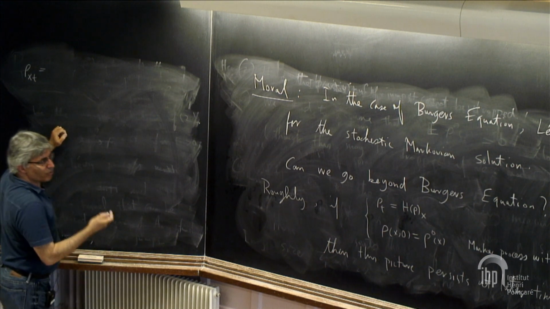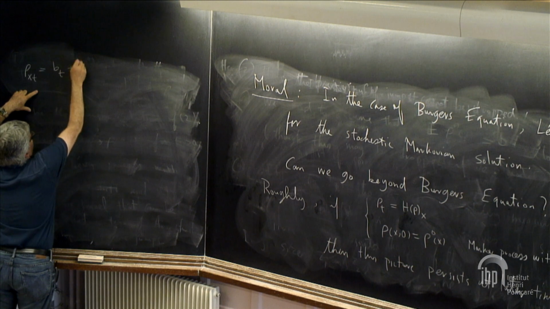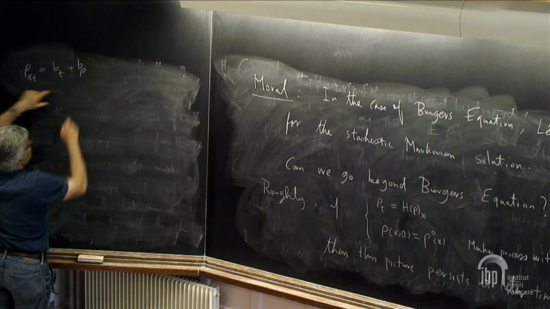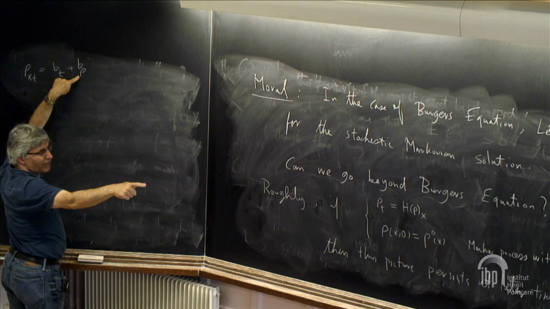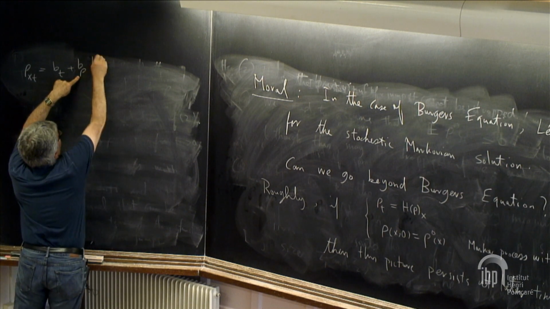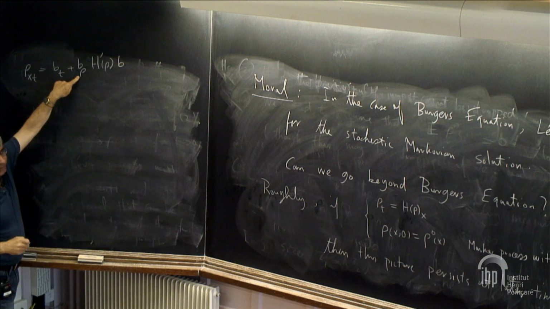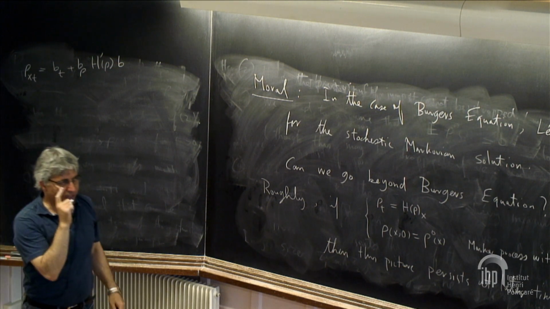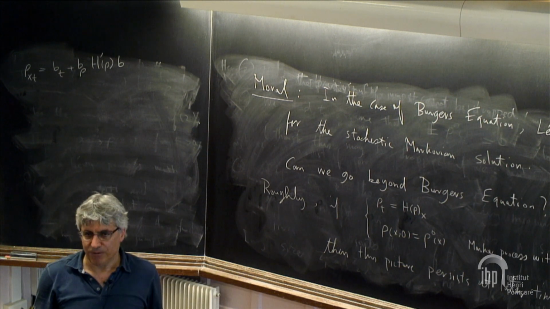Differentiate the first equation with respect to time. That would give me b_t plus b differentiated with respect to rho times rho t. But rho t is given by the second equation, so that would be h prime of rho times b. That's what I get if I differentiate the first equation with respect to time and use the fact that rho t is h prime of rho times b.